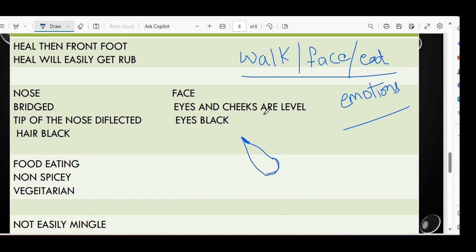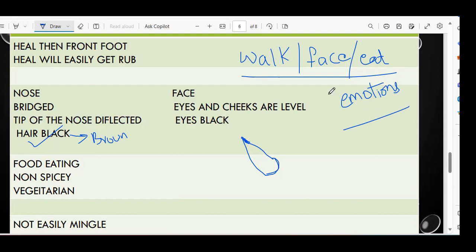So he belongs to lymphatic temperament, and his hair is mostly black, or we can say black to brown. If you mix black and brown color, this is mostly black to brown color hair, and the nose is non-bridged and deflected.